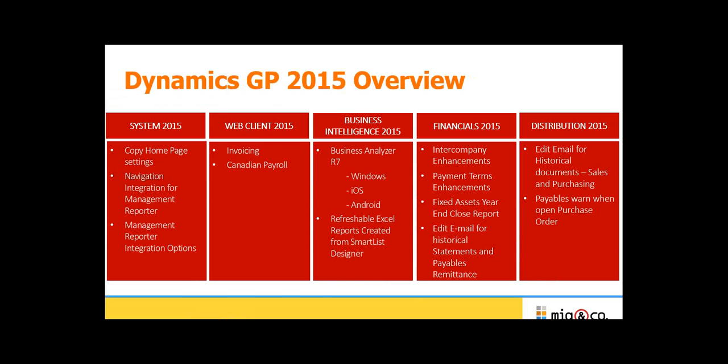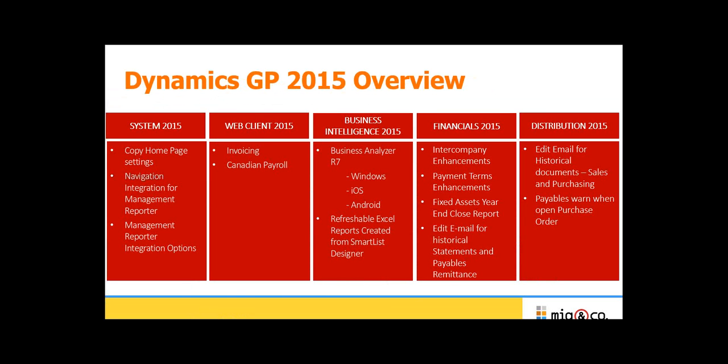So if we take a look at the system 2015 changes, a lot has happened here, such as the behind-the-scenes changes I mentioned just a few minutes ago around authentication and architecture. Additionally, we've added some functionality around the copy user setting, which is to copy homepage.